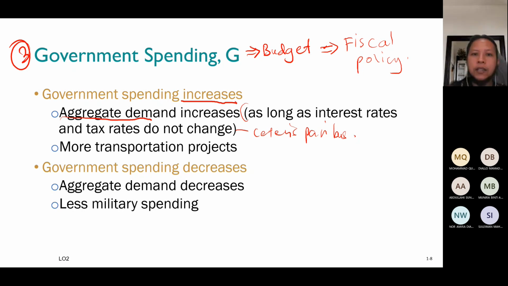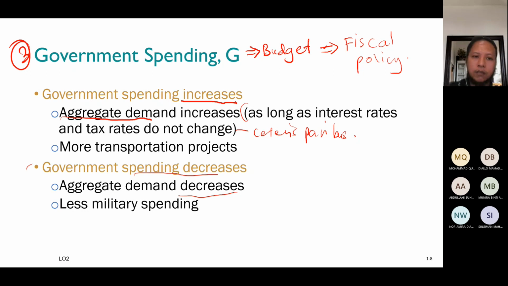So this is basically the demand of the government. Okay, so this is a representation of that demand, and it will also be included in the GDP. Okay, so the aggregate demand is also the GDP. Okay, and then vice versa here, when the government spending decreases, aggregate demand also decreases.